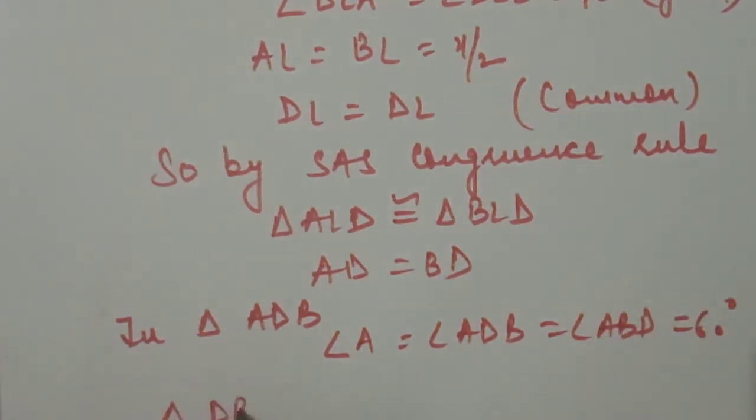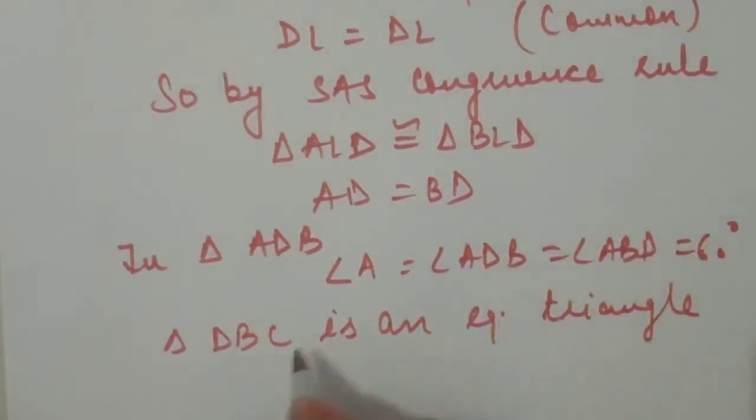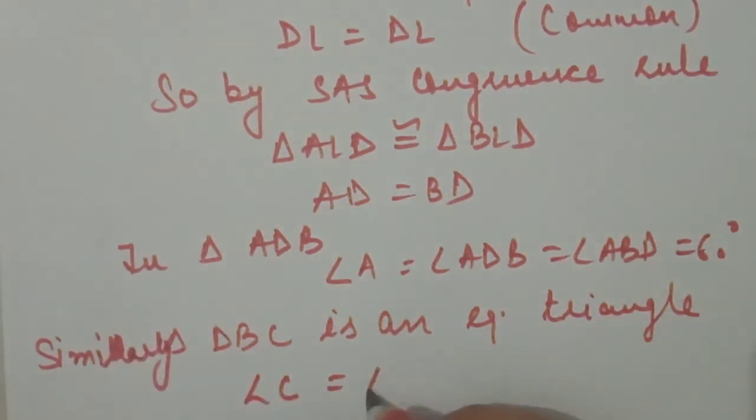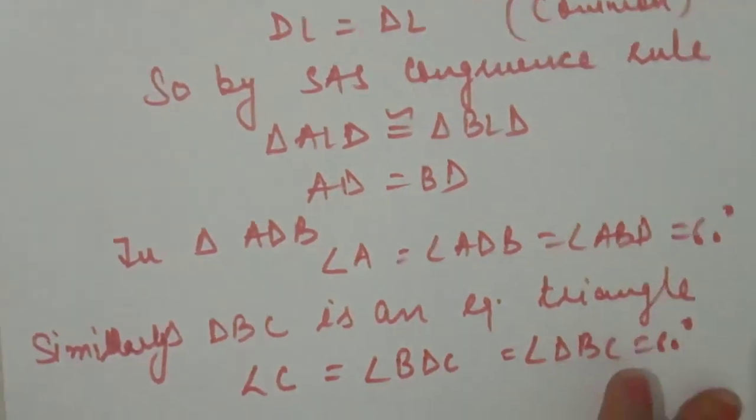Triangle DBC is an equilateral triangle. So angle BDC is equal to angle DBC is equal to 60 degrees.